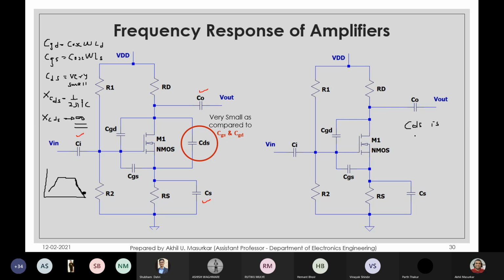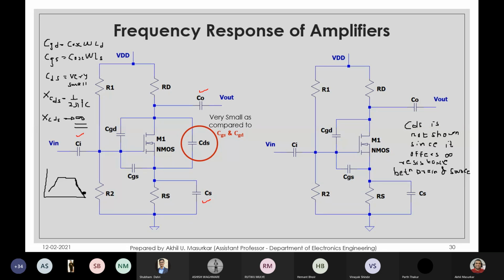CDS is not shown since it offers infinite resistance between drain and source.